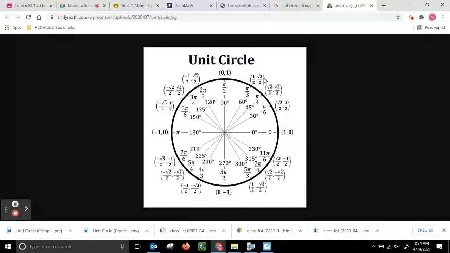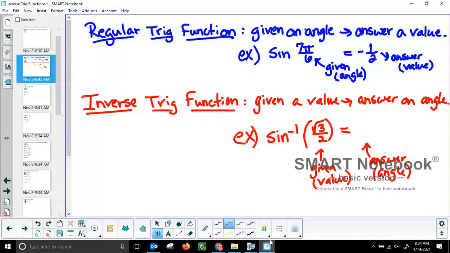Well, I see it up here, and I also see it over here. So this is pi over 3, this is 2 pi over 3. So theoretically, we could say pi over 3 or 2 pi over 3.